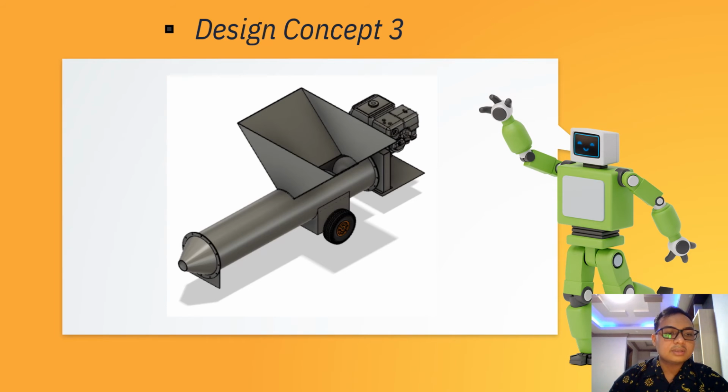Then the weakness of design concept 3 is that the 1500 millimeter round conveyor trucks are difficult in the manufacturing process. The mobility of the tool in design concept 3 is the same as in design concept 2, which uses two large wheels and additional support for the conveyor trucks.